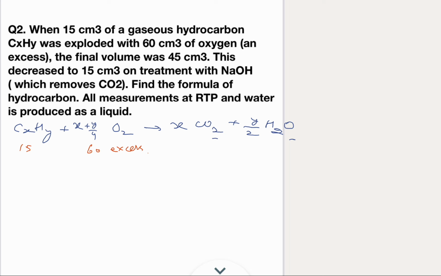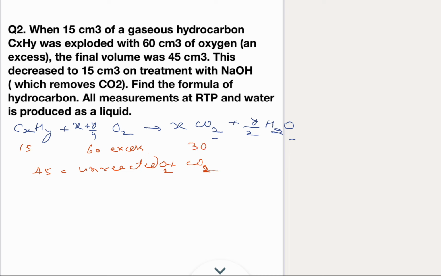So 45 centimeters cube was equal to the unreacted oxygen out of 60 plus the amount of carbon dioxide which formed. The amount of carbon dioxide formed we can find out because the volume decreased to 15 centimeters cube. It was 45 and decreased to 15 centimeters cube on treatment with NaOH, and NaOH had removed the carbon dioxide. So we can understand that 30 centimeters cube of carbon dioxide must have been formed.